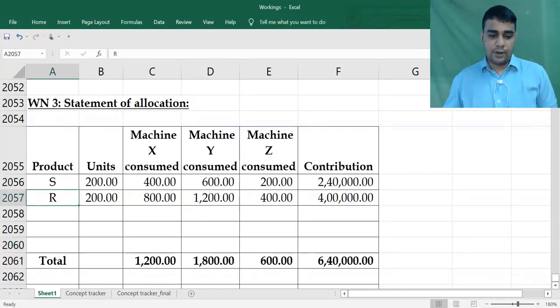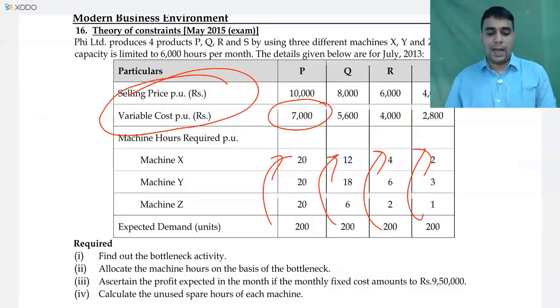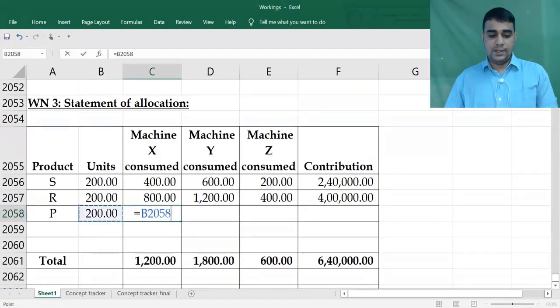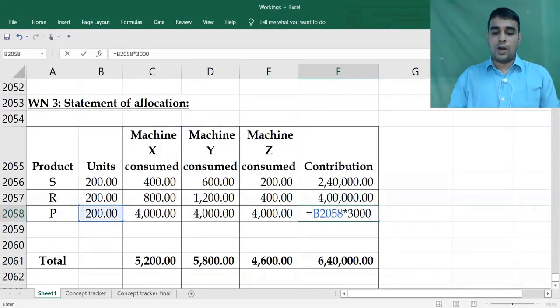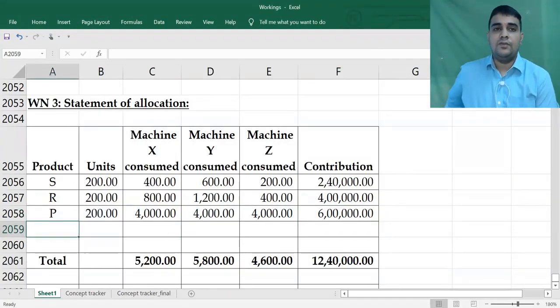Which is the next rank product? P, 200 units. I am writing 200, not sure whether it will happen or not. 20 is the usage for everyone. Okay, I am still not breaching the limit. We are below 6,000 in each of the departments. 200 into 20.